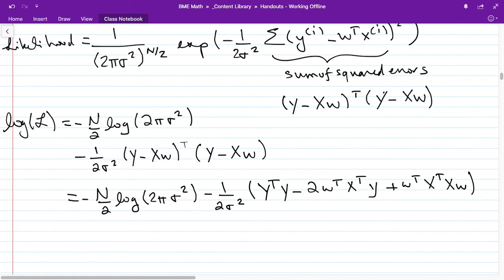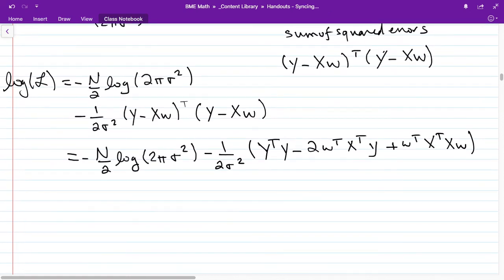Okay. So I want to find the parameters w and sigma that maximize the log of the likelihood. So the way I do that is take the derivative of this log with respect to the parameter w that I'm looking for. So log likelihood is a scalar quantity, and I'm going to find the parameter w that maximizes the scalar quantity. So I'm going to be taking derivatives with respect to a vector w.